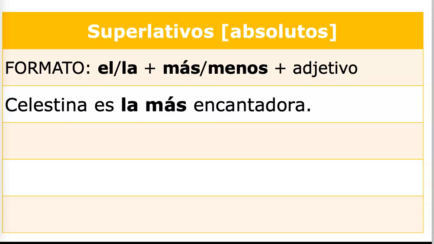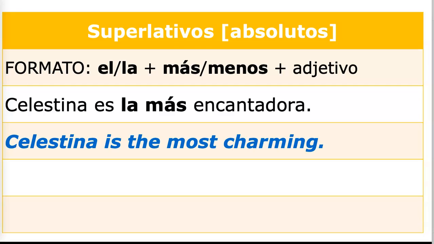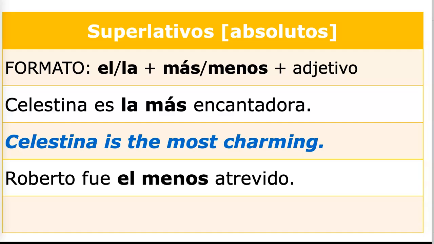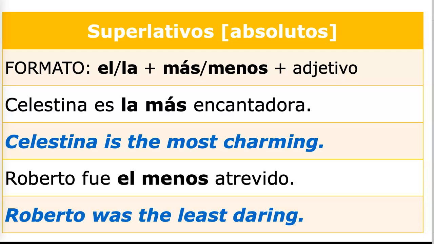In English, we use a similar word. Celestina is the most charming. Roberto fue el menos atrevido. And again, Roberto is masculine and singular, so we use el. Roberto was the least daring.